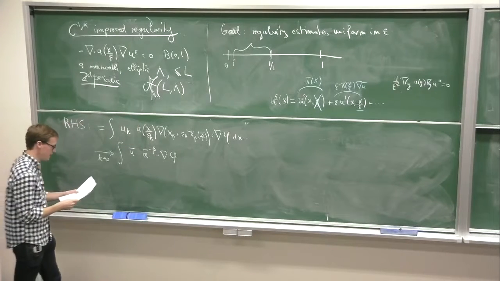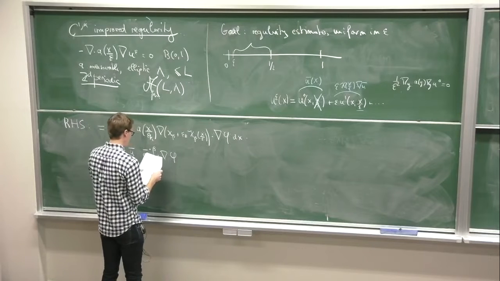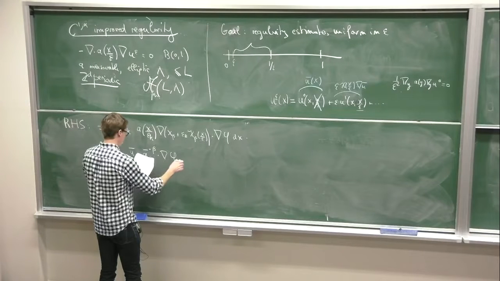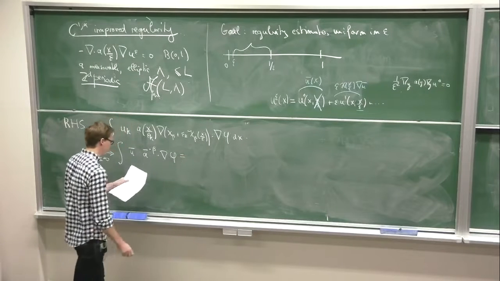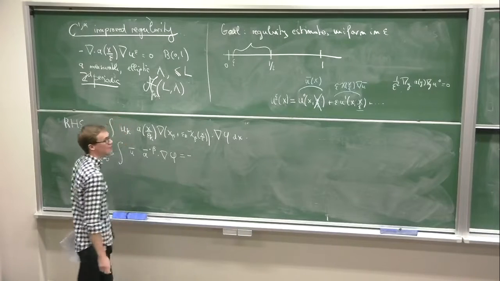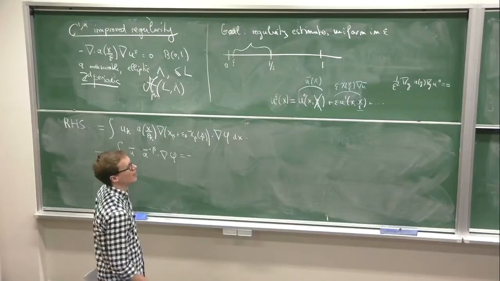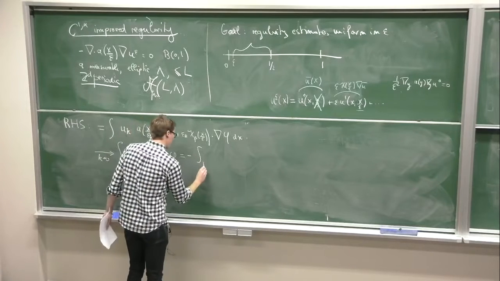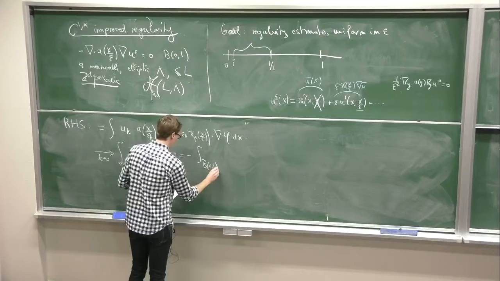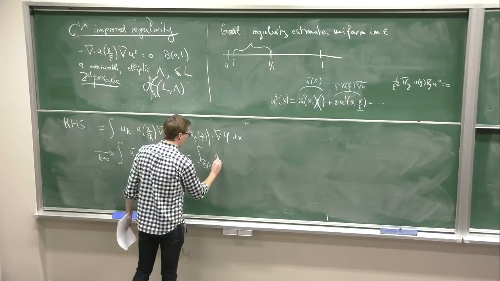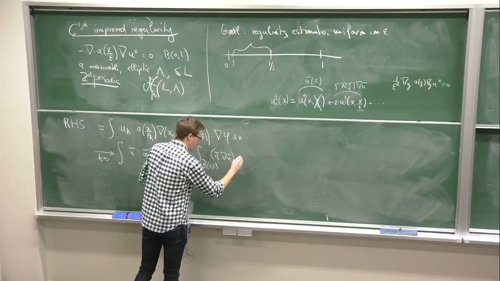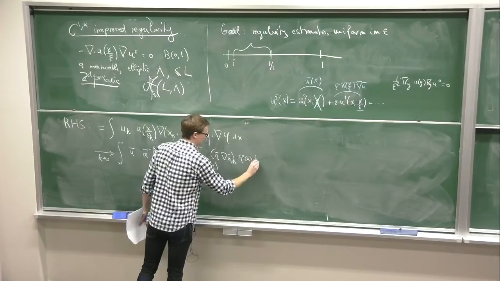And now if I integrate by parts once again, I'm a little bit confused with the sign, but I guess here I get a minus. Yeah, so I get minus the integral over B(0,1) of A bar gradient U bar, beta, and phi of x dx.